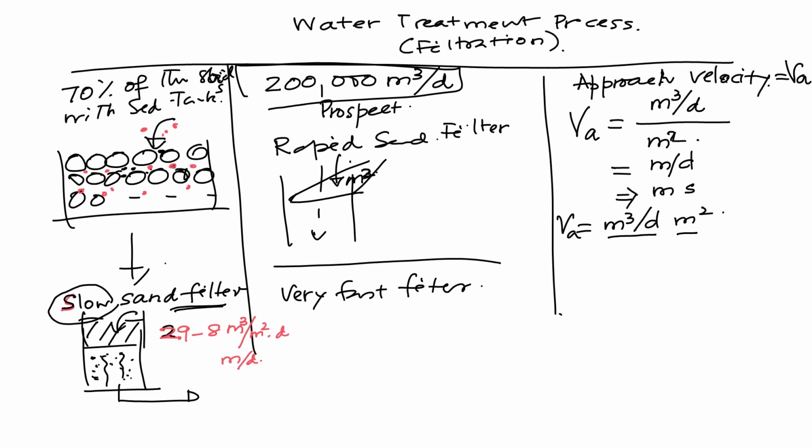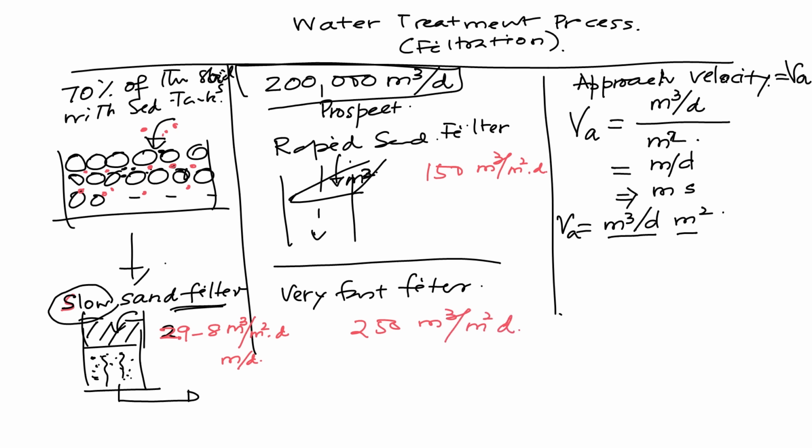But when it comes to rapid sand filter, you can go up to about 150 cubic meter per meter squared per day. When it is a very rapid filter, usually you can go up to about even 250 cubic meter per meter squared per day.